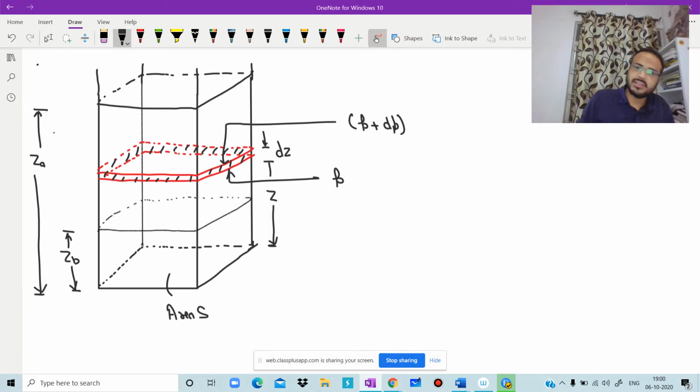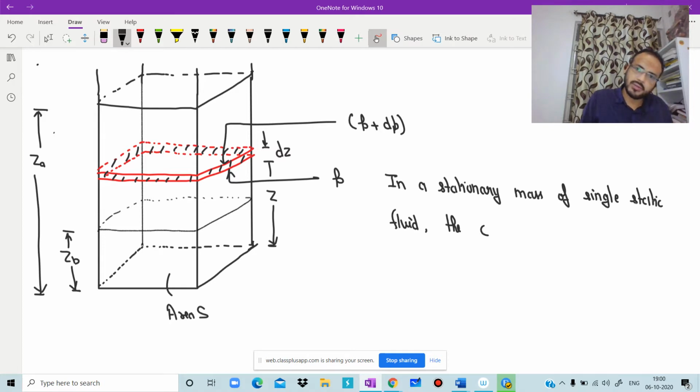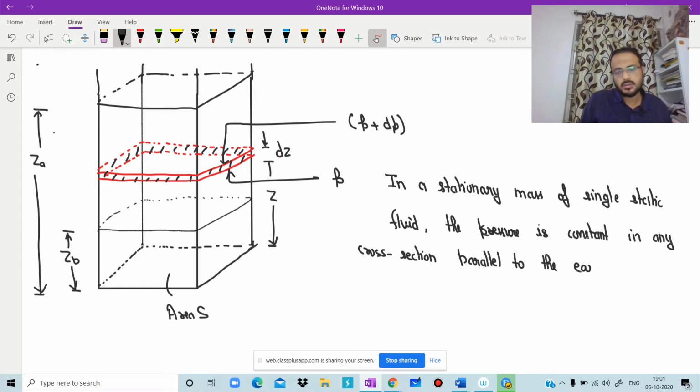Very good. So we can say this is our stationary mass. So in a stationary mass of single static fluid, the pressure is constant in any cross section parallel to the Earth's surface, but varying from height to height.